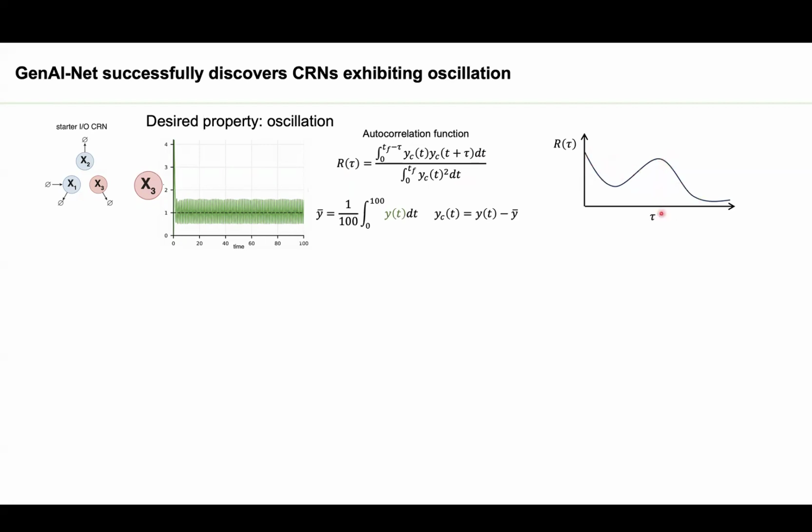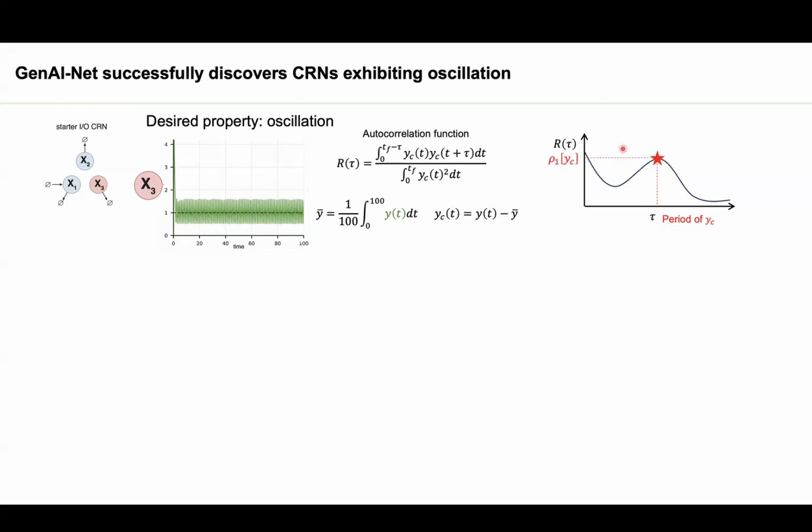If the correlation of the original curve and the 24-hour delayed curve is high, it means that it has a periodicity of 24 hours. So a high value of autocorrelation means that it has periodicity of this tau value, this time lag value.